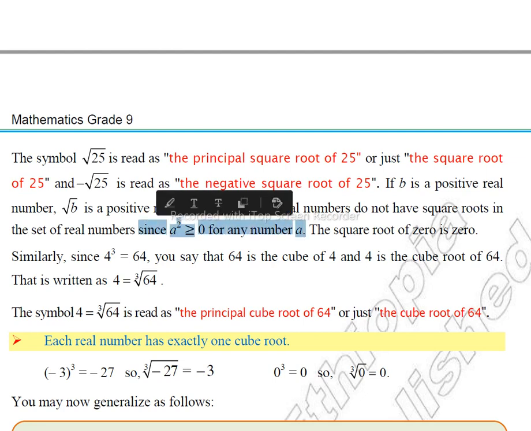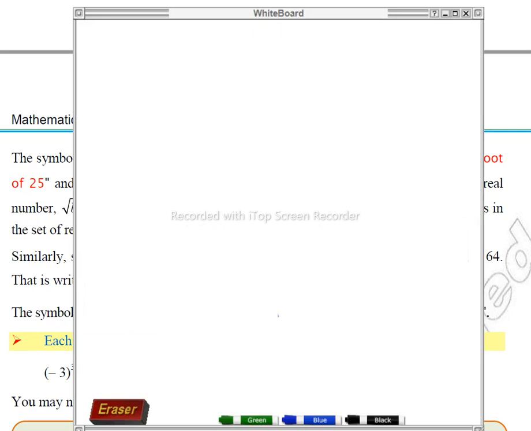The square of any number, whether negative or decimal, gives us a positive number, or greater than 0.